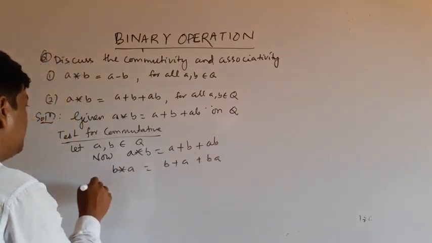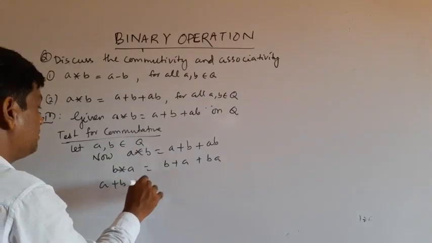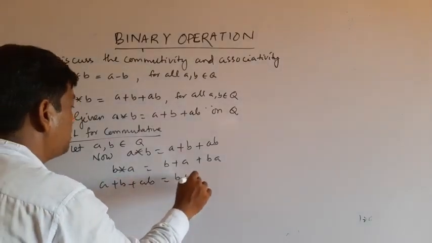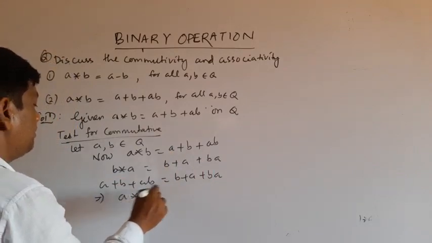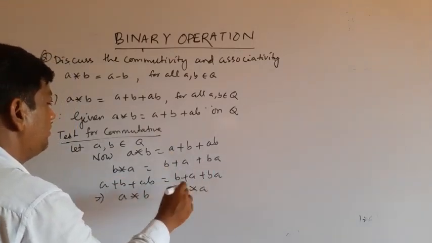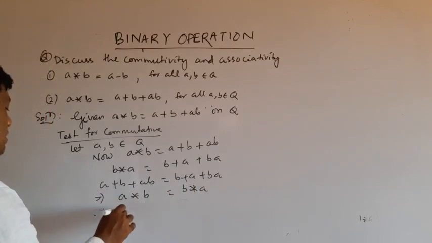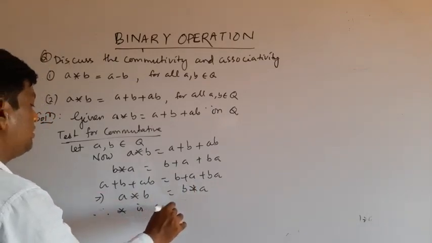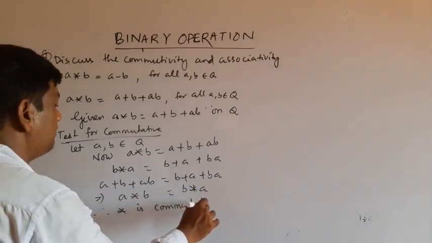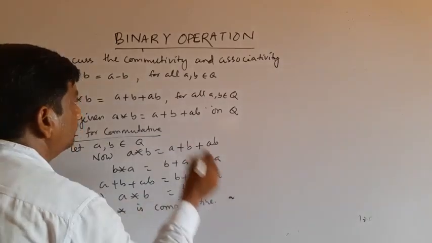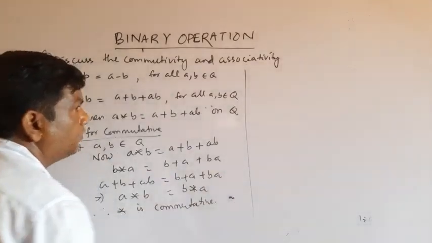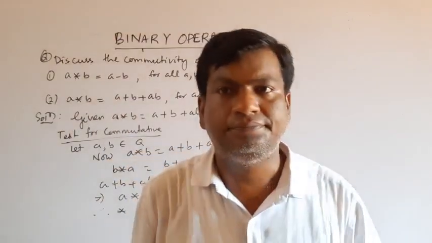Here a plus b plus ab is equal to b plus a plus ba. That implies a star b is equal to b star a. Therefore star is commutative on Q. Now for associative.